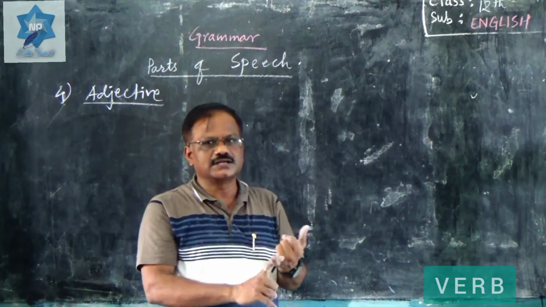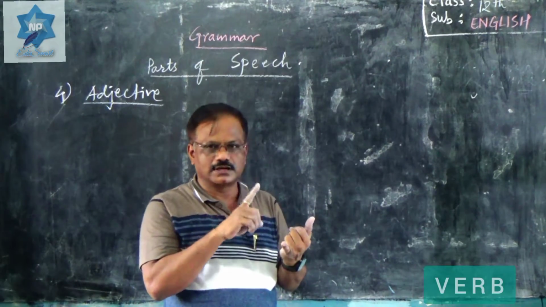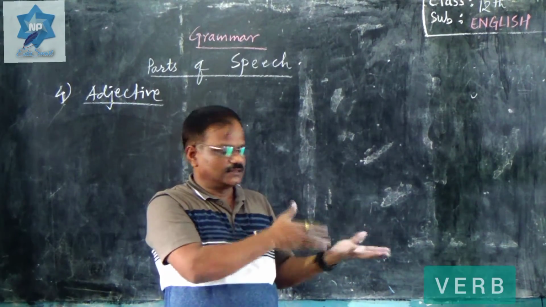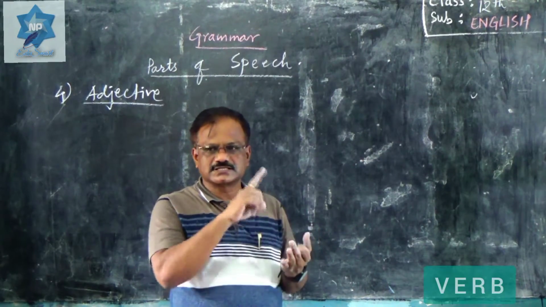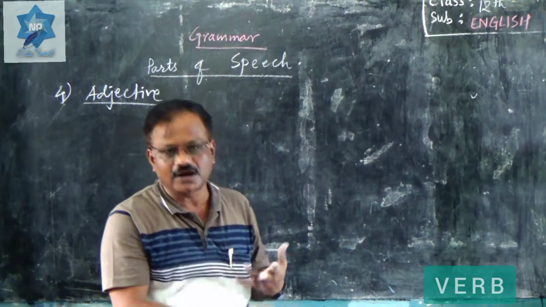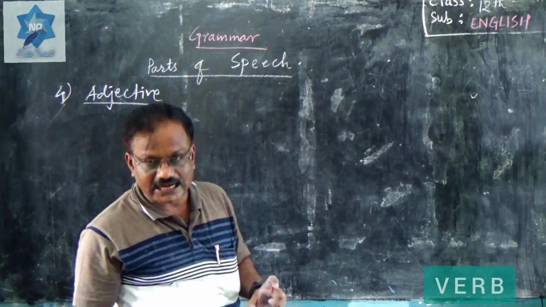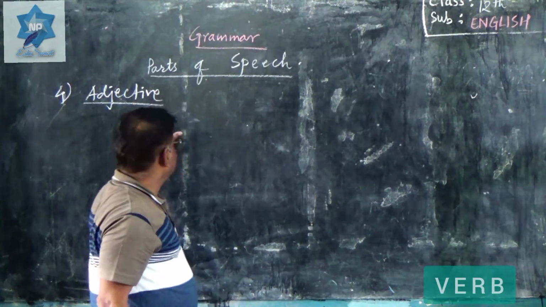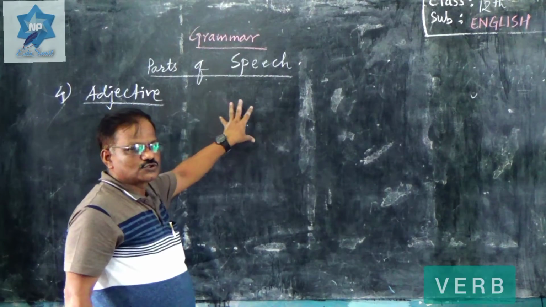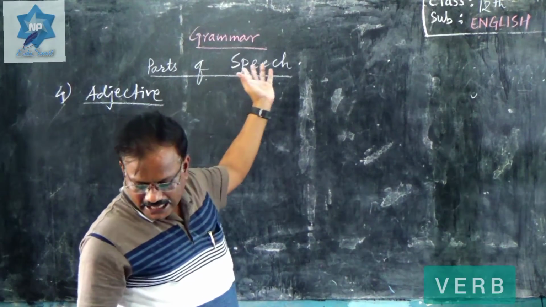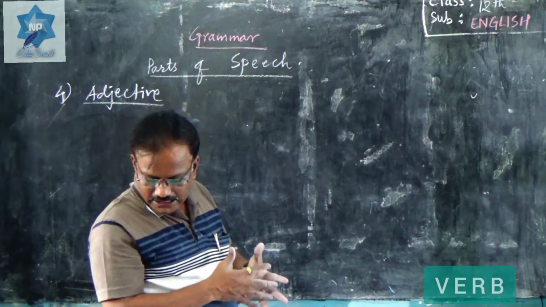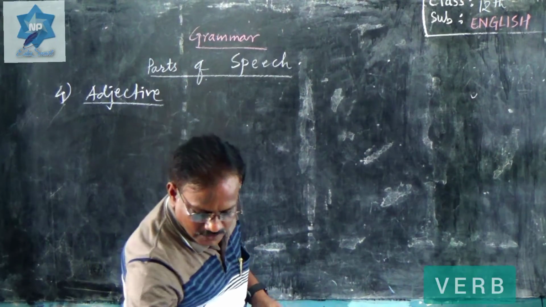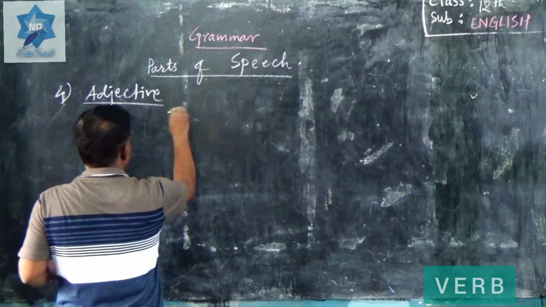A noun is a word which, as we have learned in the noun parts of speech, is used to mention place, person, or something or idea, whatever. And what is adjective? Adjective is nothing but the word that is used to modify noun. An adjective modifies or describes noun in another way. Let us see. For example, here is an example.